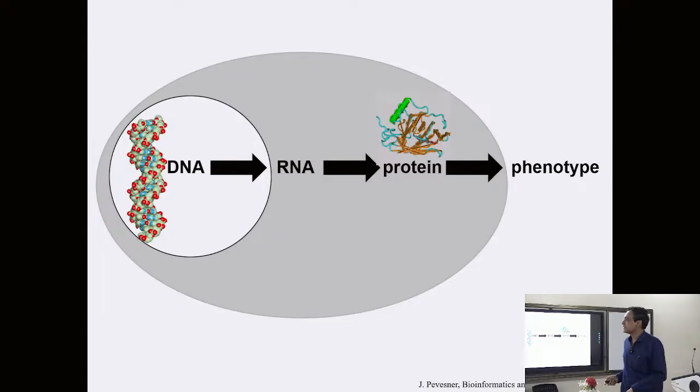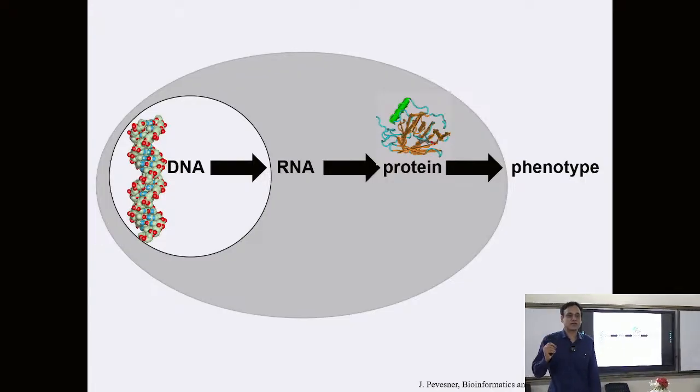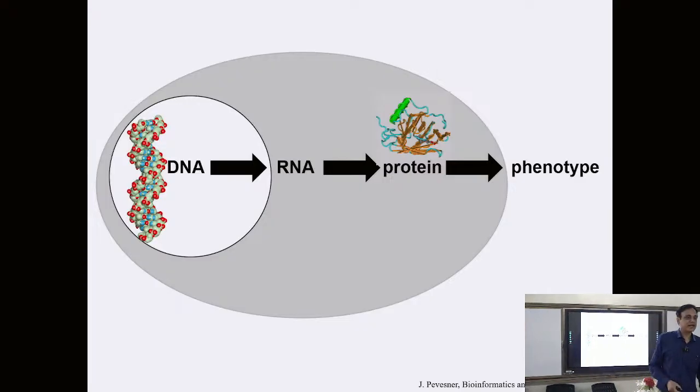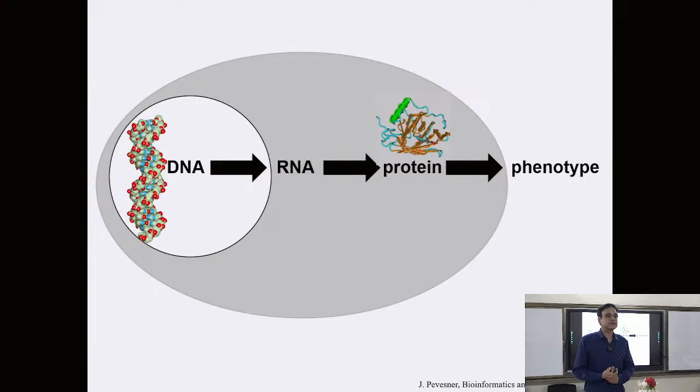DNA is really important. It is the code of life. It contains information for the synthesis of proteins, and proteins, as I mentioned, are responsible for different functions within an organism.